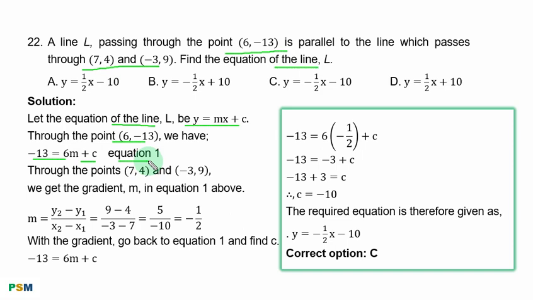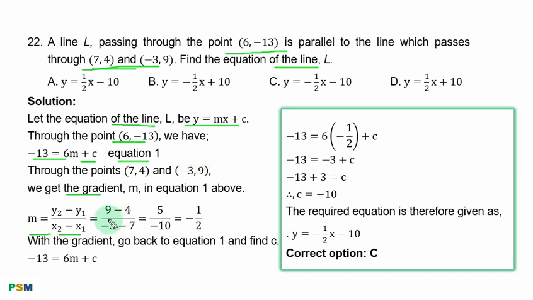The line that passes through these points will help us to find the gradient in equation 1 above. Gradient m is equal to change in y over change in x. This is x1, y1, x2, y2.